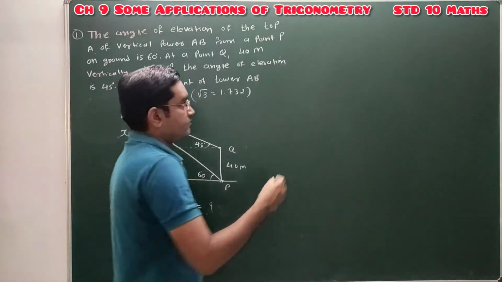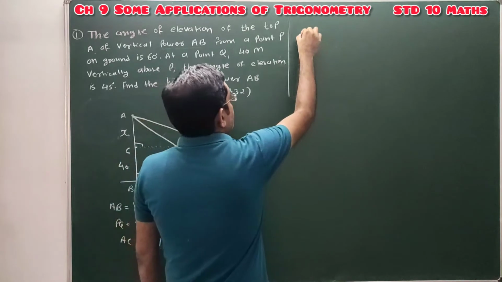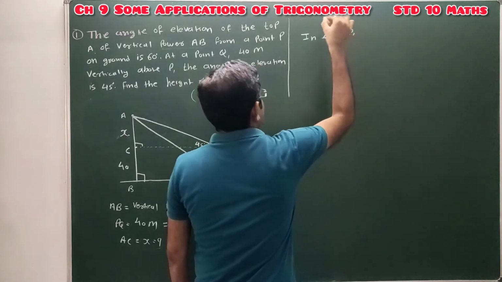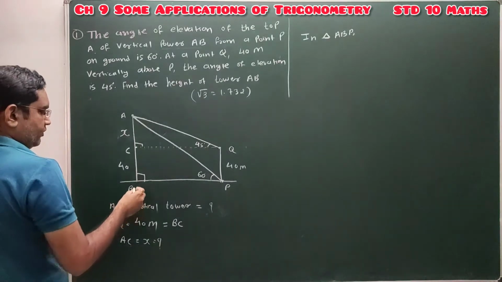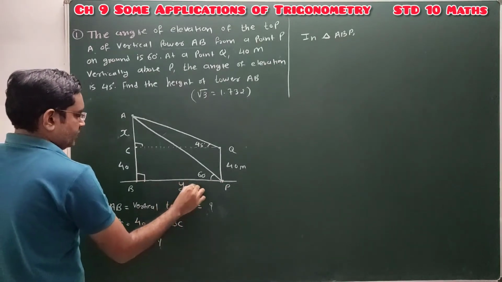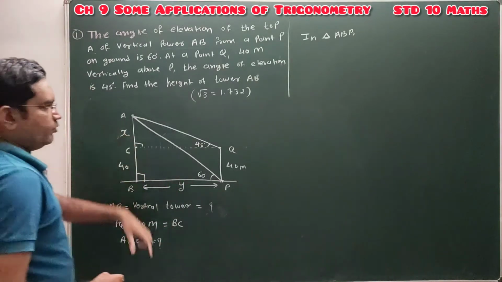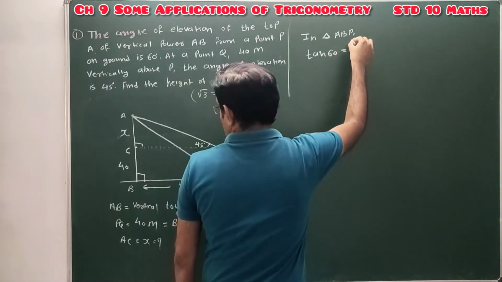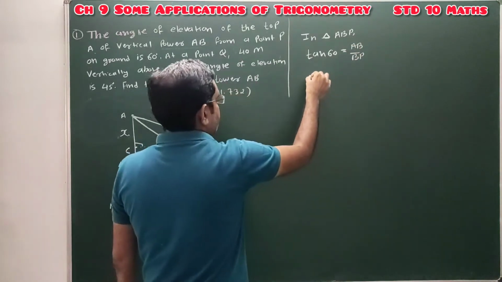In triangle ABP, let's assume the distance between the foot of the tower and the observation point is Y. This one is Y. So tan 60 equals AB upon BP. Tan 60 is root 3.